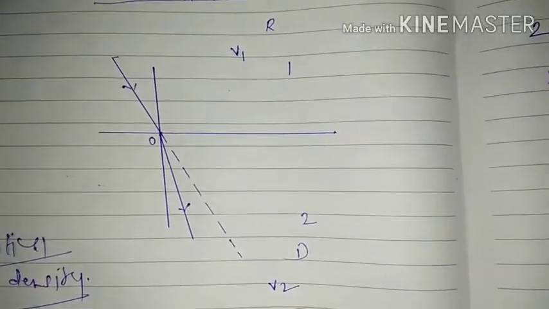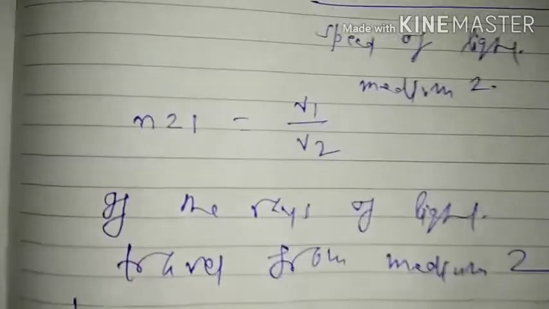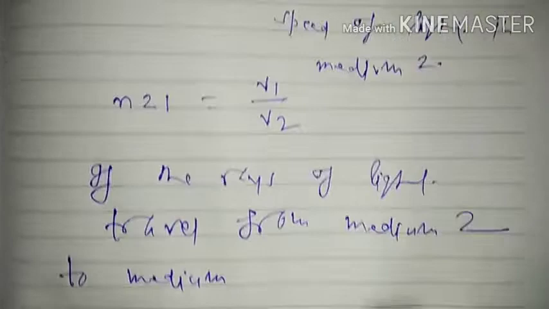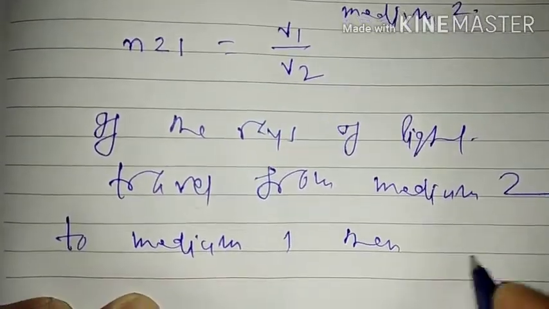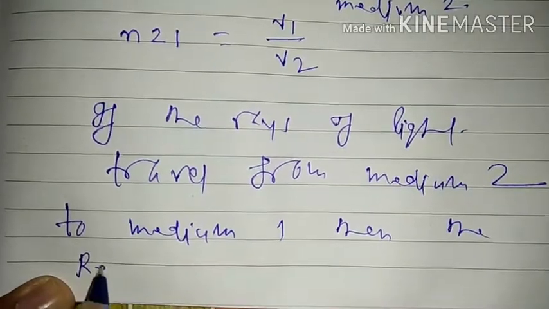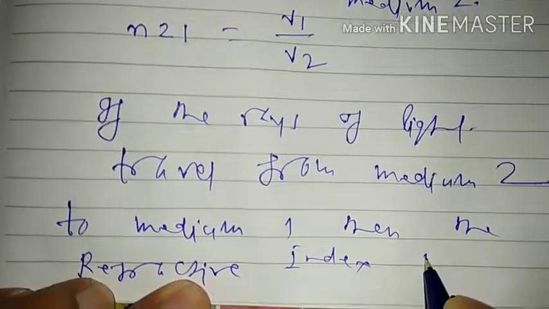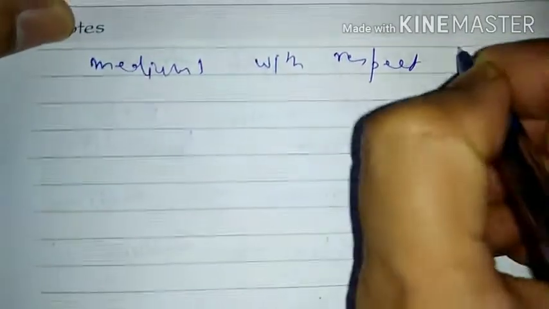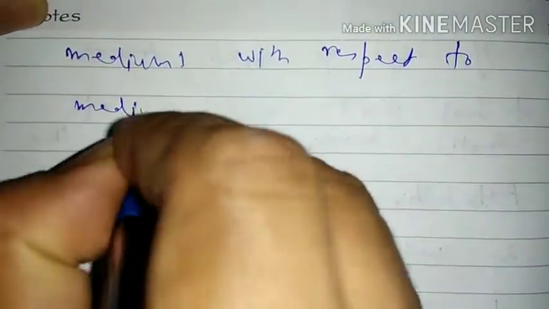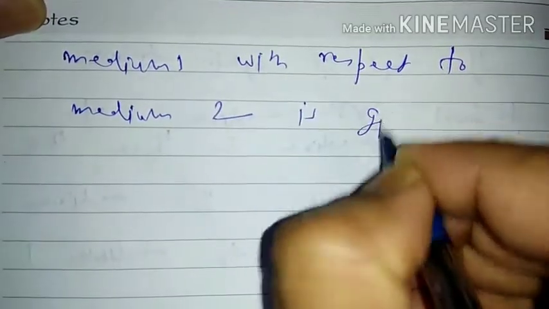So if rays of light travel from medium 2 to medium 1, then the refractive index of medium 1 with respect to medium 2 is given by, now here the symbol changes.